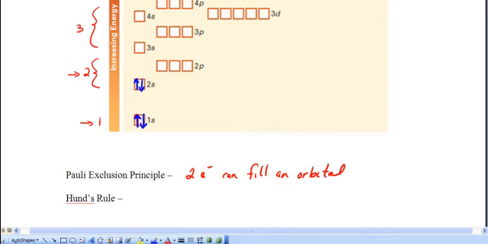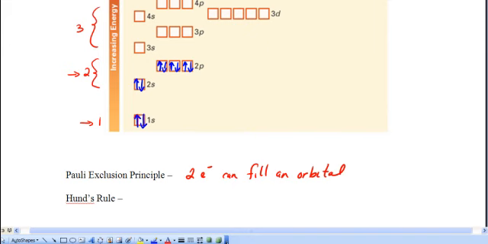Next, you have to go to the 2p orbital. Once you get to the 2p orbital, as you start placing electrons in it, because you have three identical p orbitals, the electrons are going to be put one in each orbital first before going back and pairing up. That's called Hund's rule.